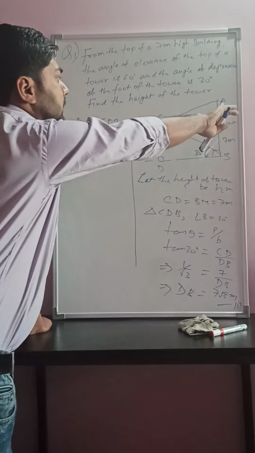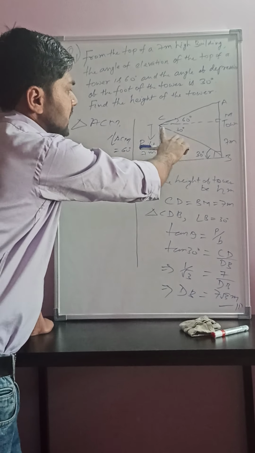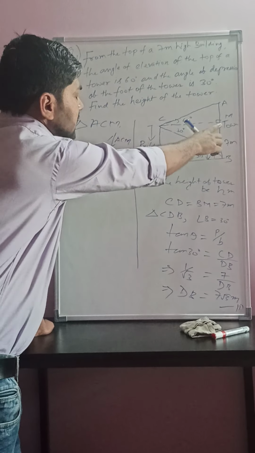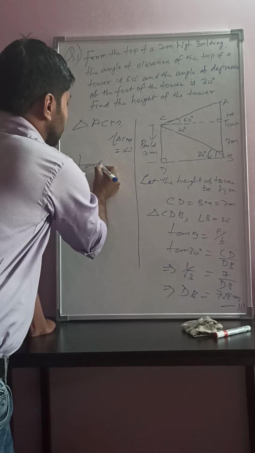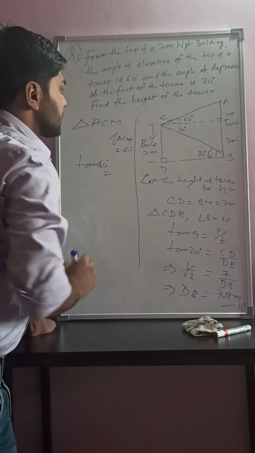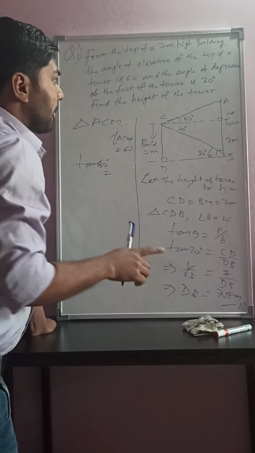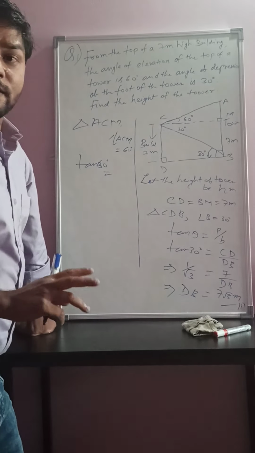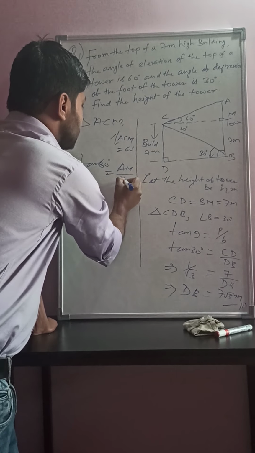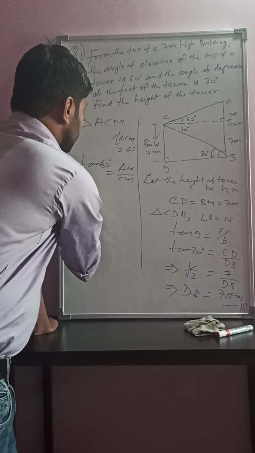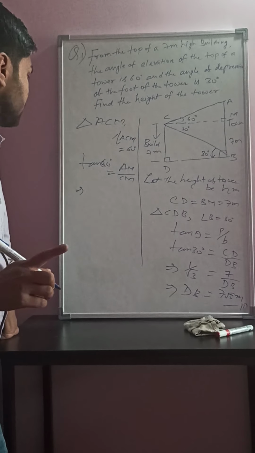We have the perpendicular AM and the base CM, which is the same as DB. So tan 60 degrees equals AM by CM, and the value of tan 60 degrees is root 3.